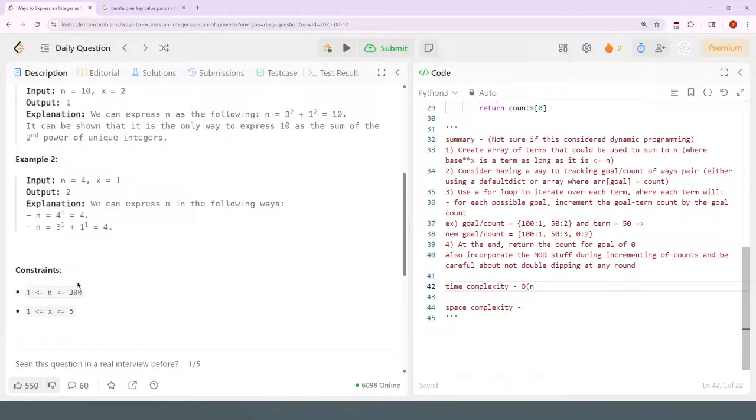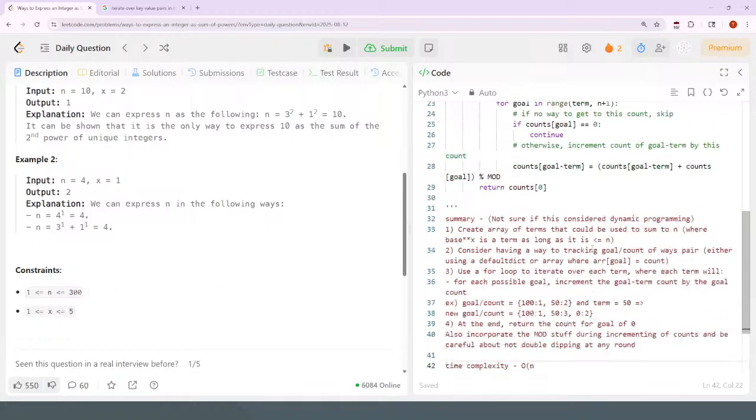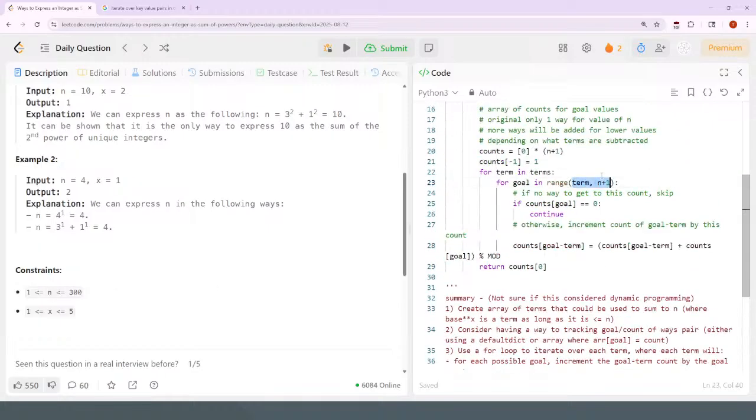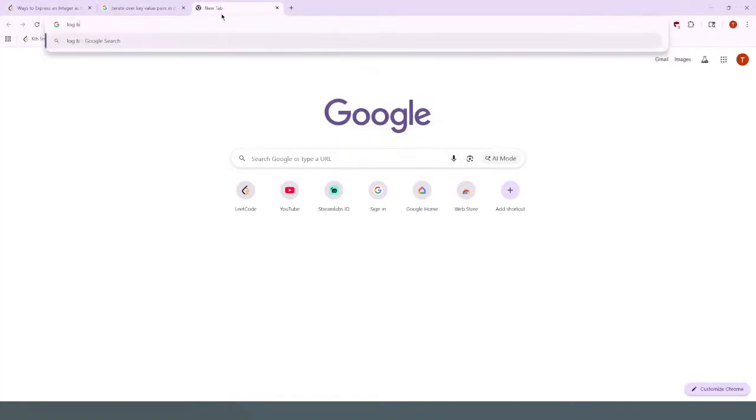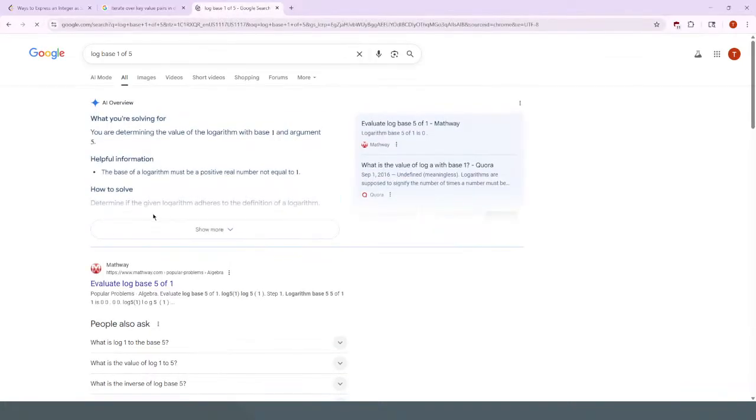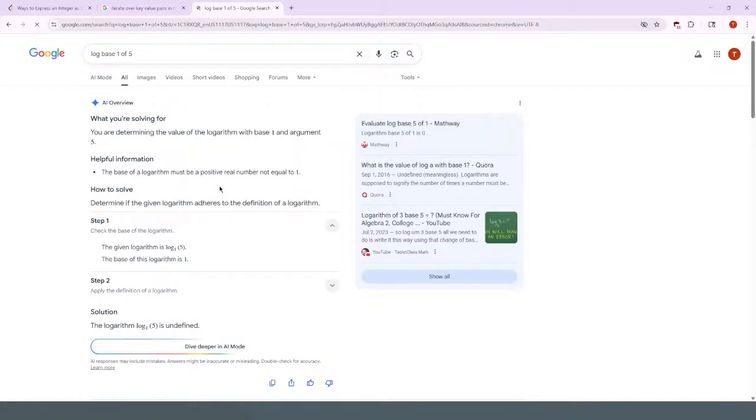The inner loop is n. The number of terms, so it's log base 1 of like 5. That's impossible, right? Yes, undefined.